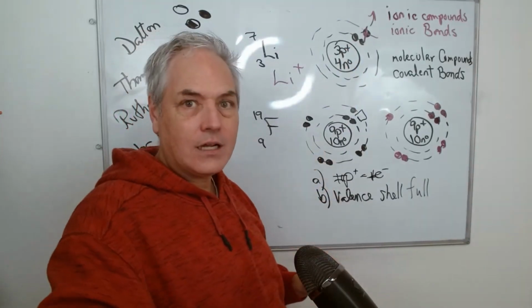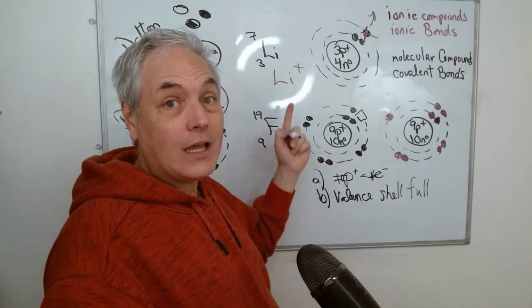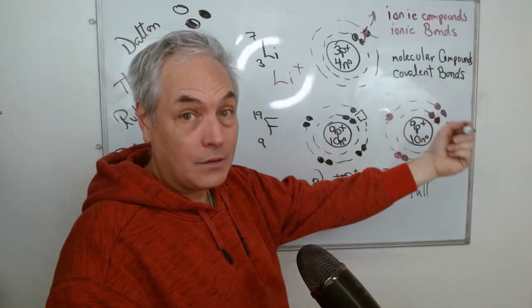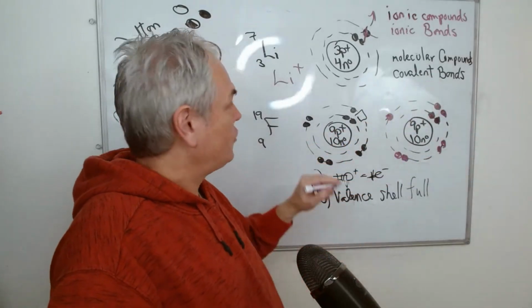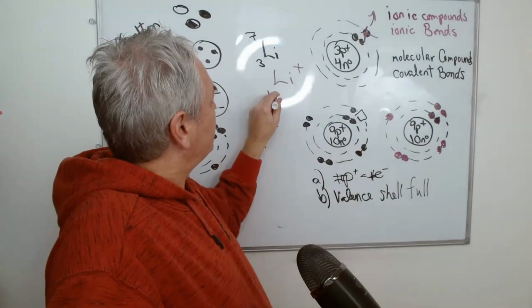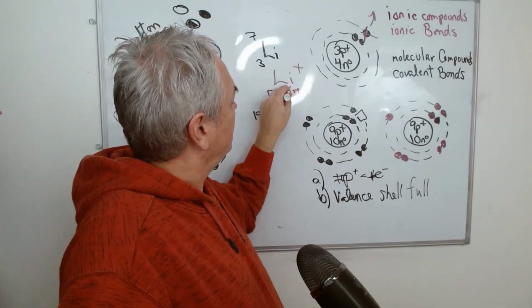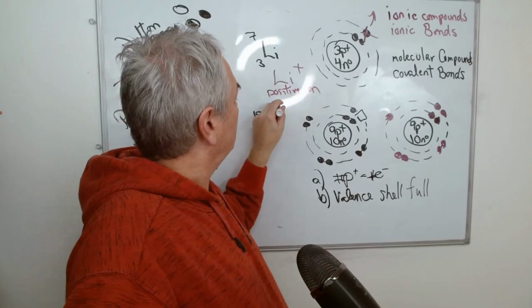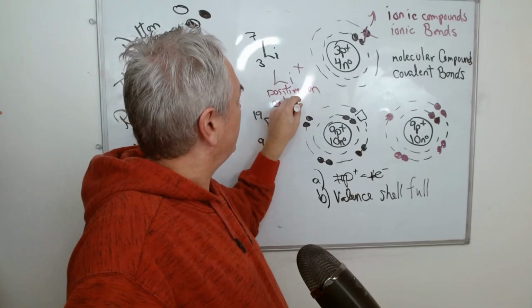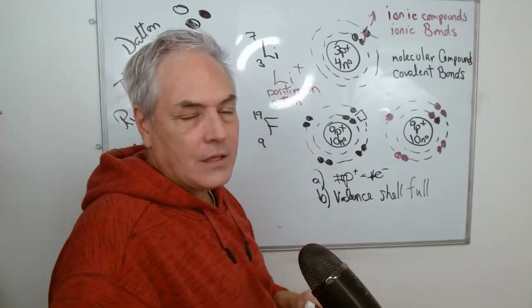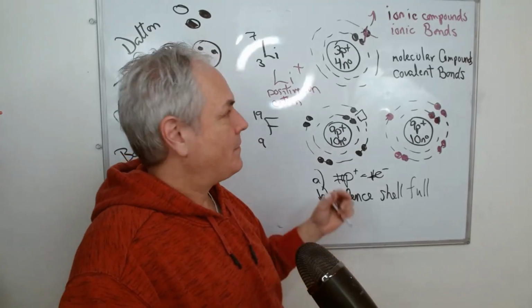When you have an atom that is now charged, we call it a positive ion or cation. So, new pieces of information.